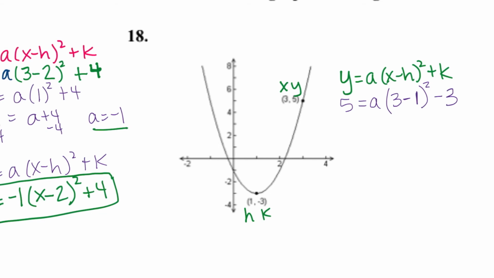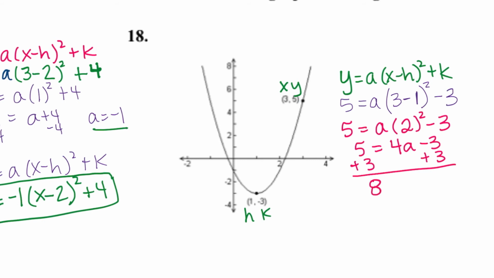Now I do what's inside of the parentheses. 3 minus 1 is 2 squared. 2 squared is 4 times a is 4a minus 3 equals 5. I add 3 to both sides. 8 equals 4a, divide by 4, and my a equals 2.